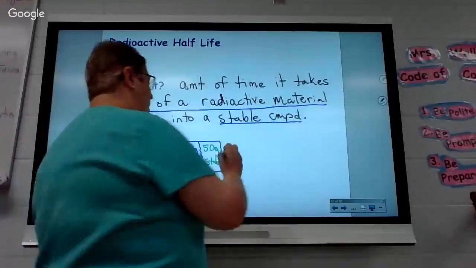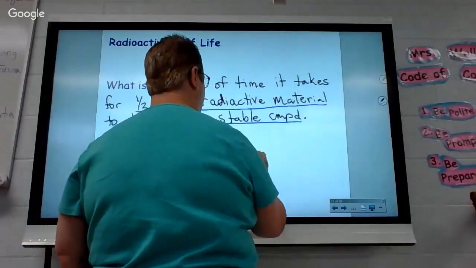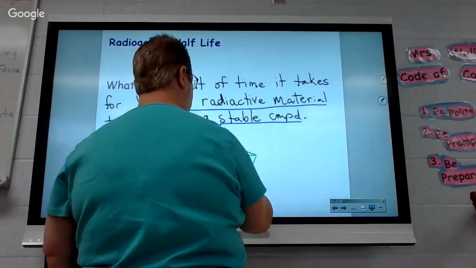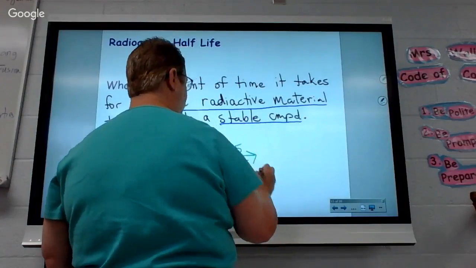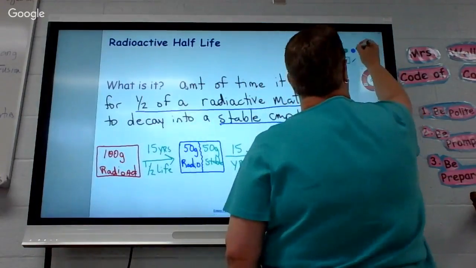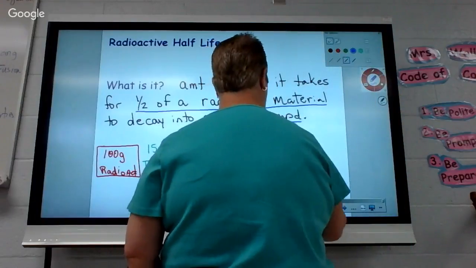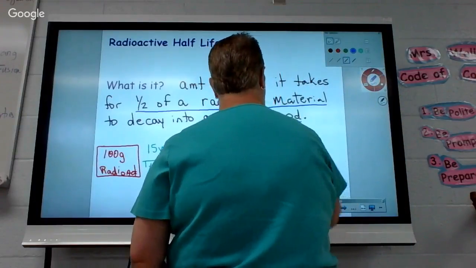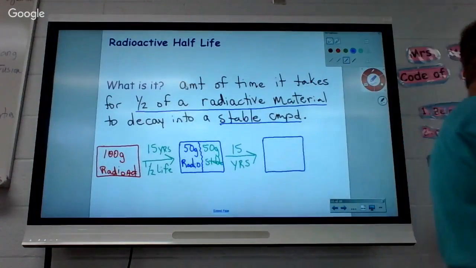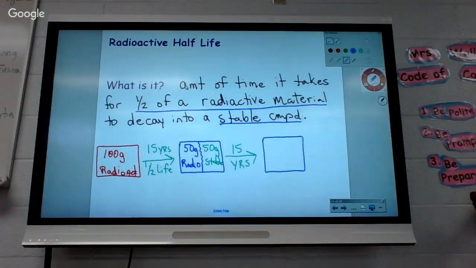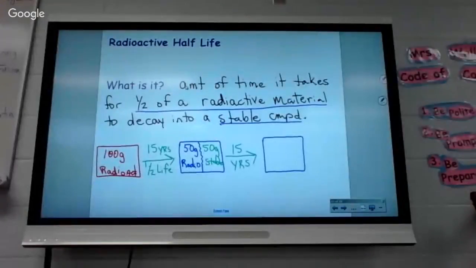Now, after another 15 years goes by, what happens? It splits again. That 50 grams splits again.